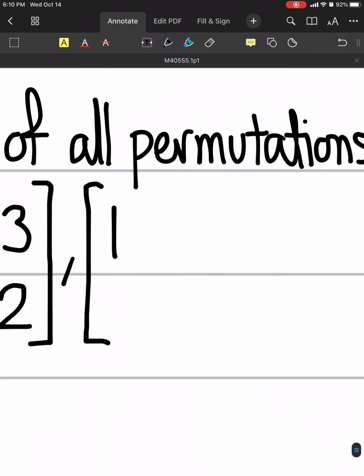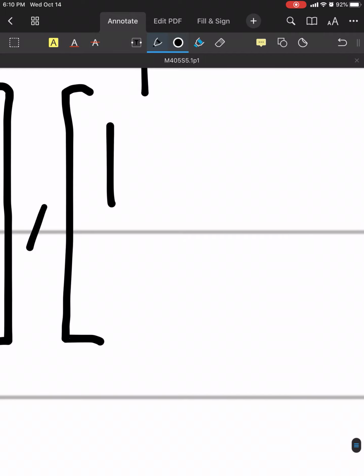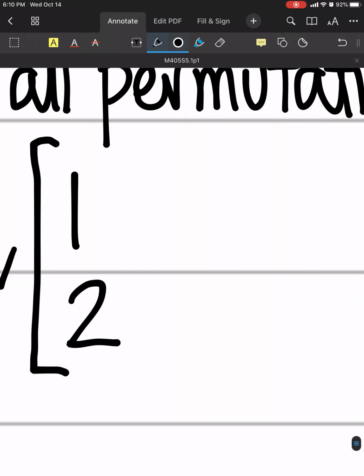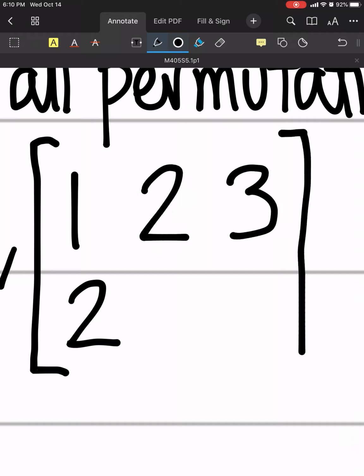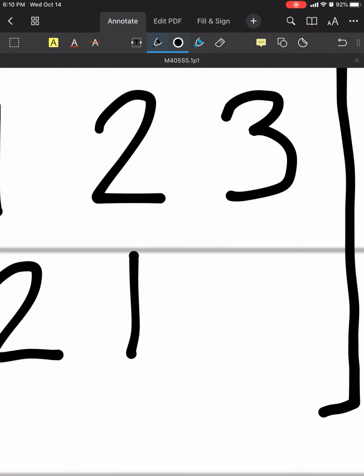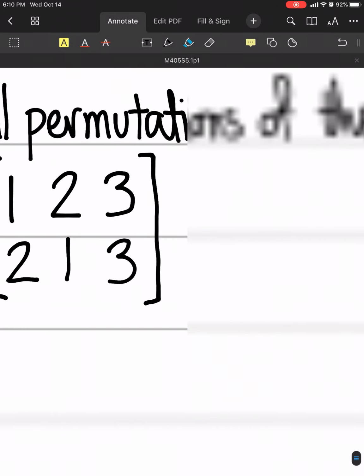Now, the next option, 1 has to be replaced with something. So I'm going to replace 1 with 2. Well, there are 2 options for 2. One is it goes to 1, so we'll do that, and then 3 has to go to itself.